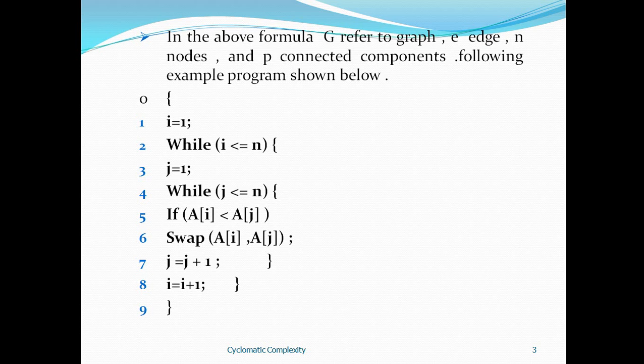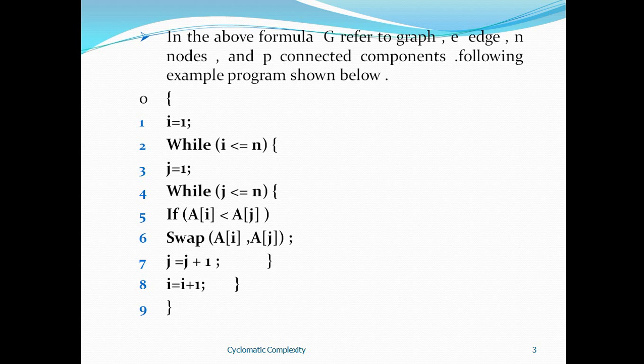The conditional statements which begin from 0, I equal to 1 while I less than or equal to n, begin from 0 and end with line number 2. So from line number 0 to line number 2, the first conditional statement is over. So we consider it as a node.